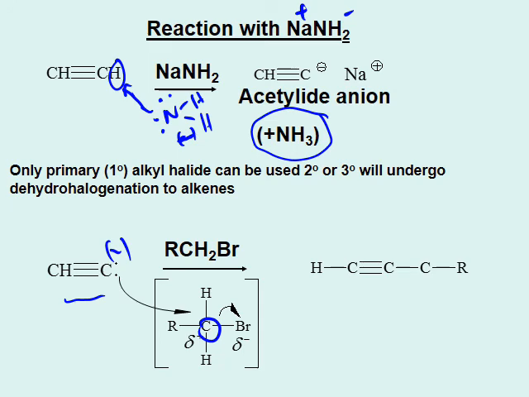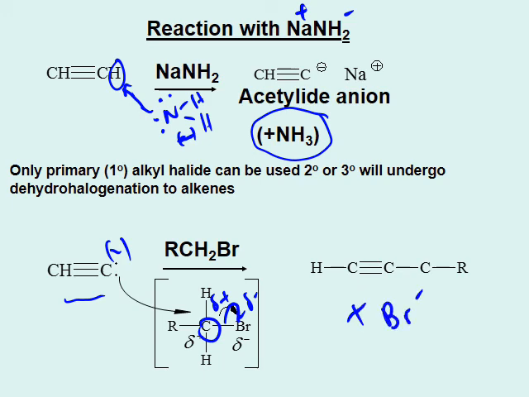In this particular case, this pair of electrons gets attracted to the carbon which has delta plus, and as Br is delta minus, it will be attracted to this carbon. When it gets bonded to the carbon, that carbon would temporarily have 5 bonds, and so it has to get rid of 1 pair of electrons or 1 bond. It looks for the best leaving group, and it's well known that halogens are very good leaving groups, and that's why it releases electrons onto Br, and then Br leaves with this electron pair, and gives you Br minus.